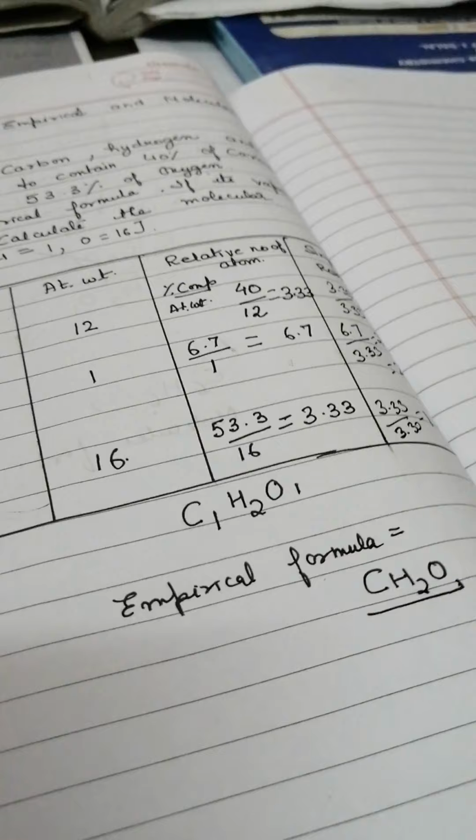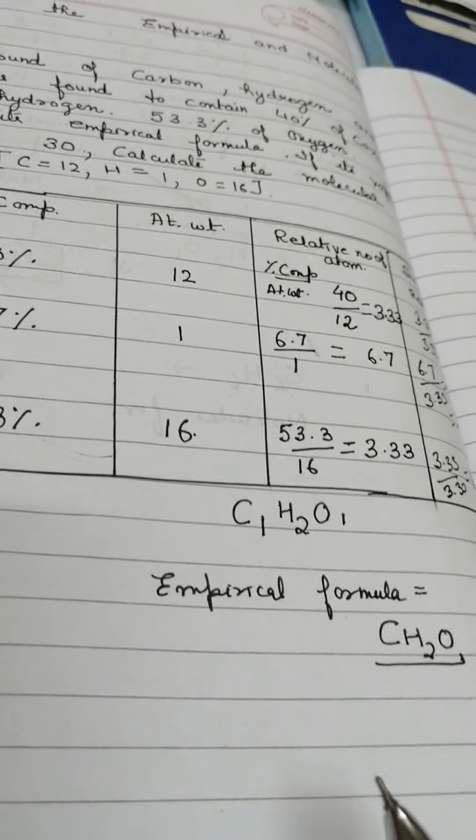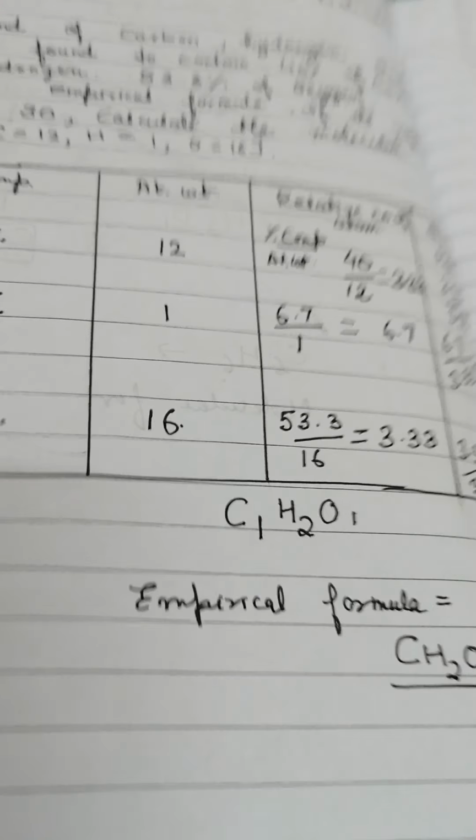Now we come to calculating the molecular formula. First the proper table is to be drawn. You get marks for each of the steps, so it is very important to mention all the steps properly.